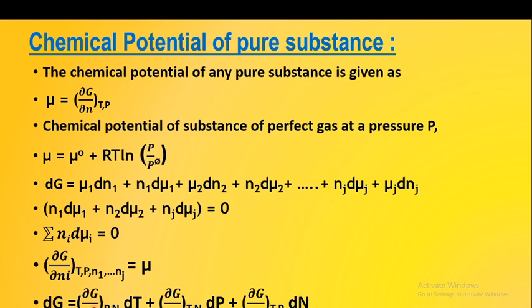First we have differentiated dG with respect to dT by taking pressure and number of moles as constant, and multiplied by dT. Next we have multiplied by dP at constant temperature and number of moles. Then we have considered dG upon dn, the changing Gibbs free energy with respect to number of moles, while temperature and pressure are kept constant.